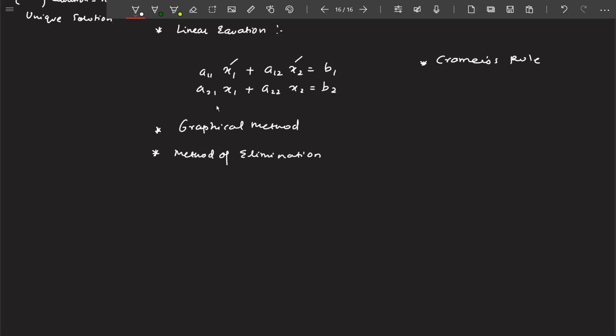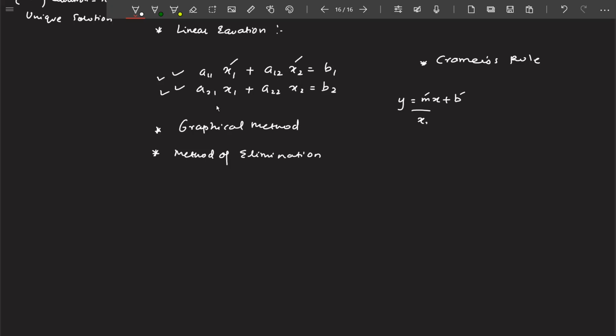So what you do in the graphical method is write down these equations in the form of this. Okay, this is nothing but the equation of a straight line, where m is the slope and b is the intercept. Okay, and x is one variable, y is your other variable. So you write down these equations in this format.